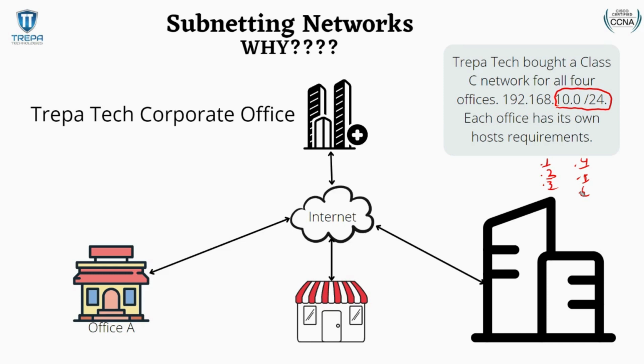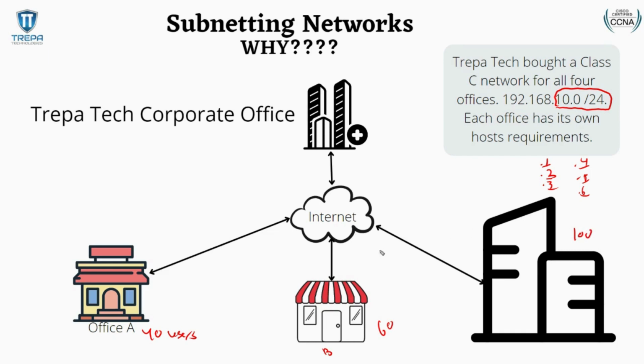So now let's get into why we would subnet in this corporate office. So let's say we get assigned a /24, right? And office A here has 40 users. This office, we'll call it office B, has 60 users. This big headquarters has 100 users.